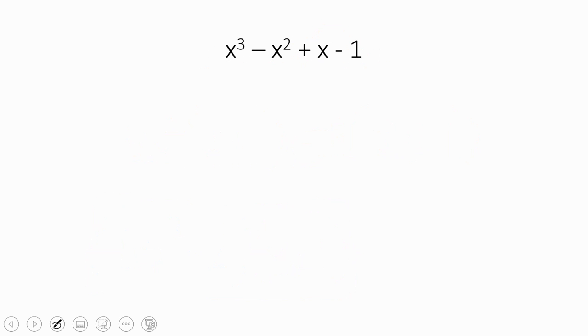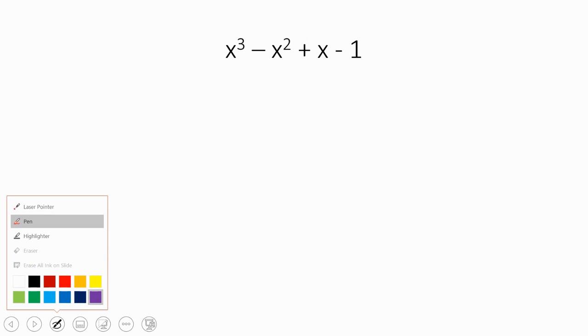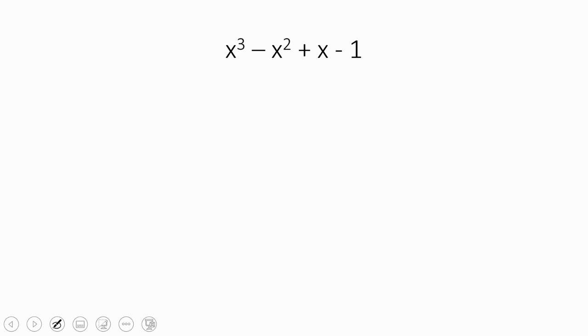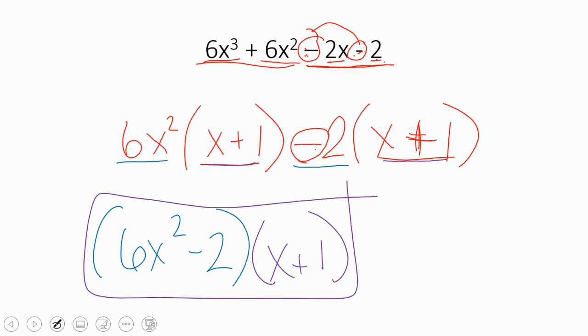Okay. Last one. As you can see, it goes positive, negative, positive, negative. So we don't have to worry about the negatives because they're going to work out to be the same. When you look at this first pair of terms, positive, negative, and the second terms, positive, negative. When I looked at that last one, I had positive, positive, negative, negative, so I knew I needed to factor something out.